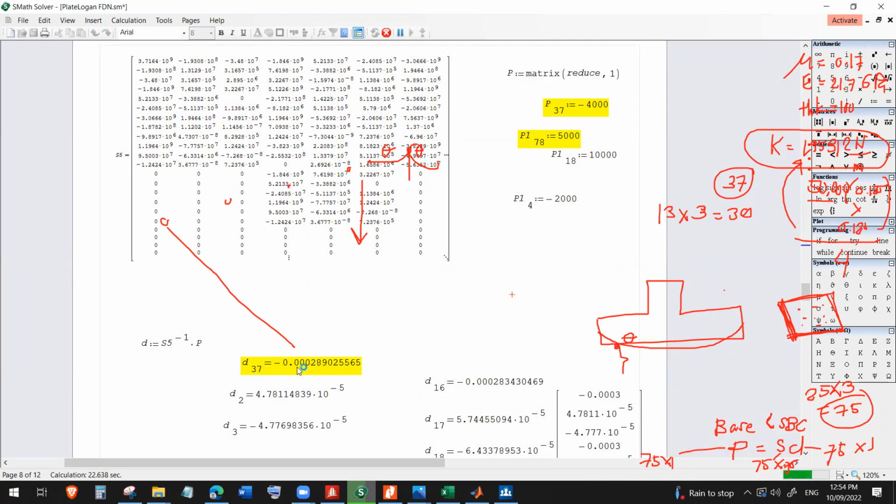Okay, so we are getting 0.329 mm, as compared to 0.325 with STAAD.